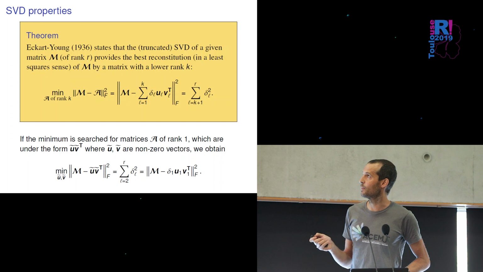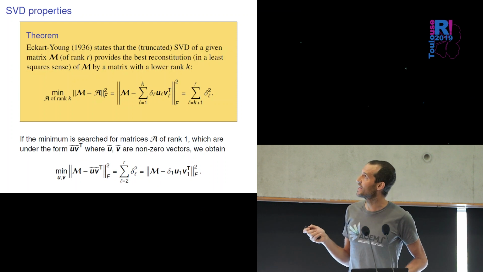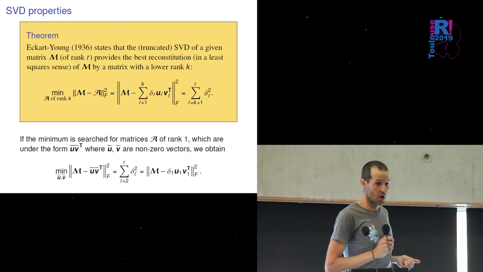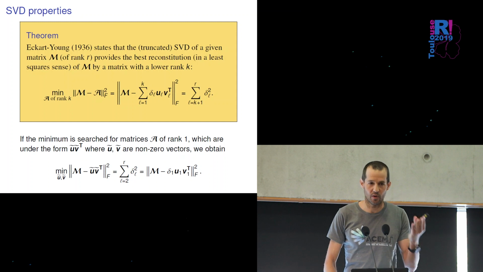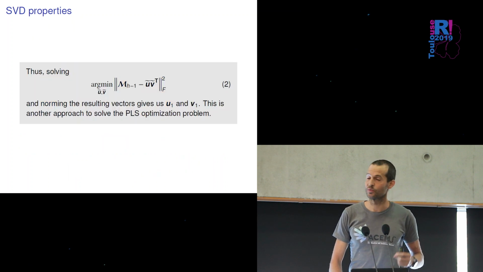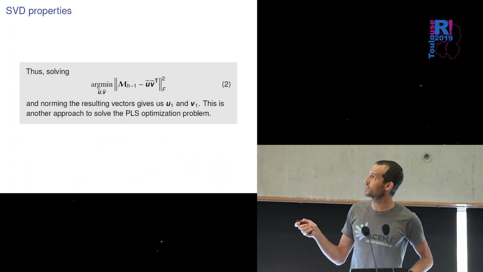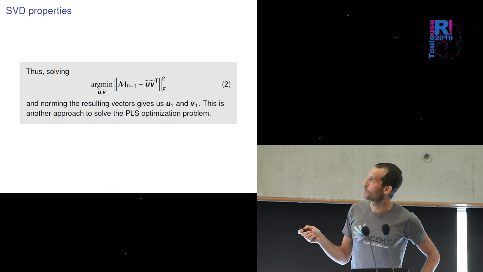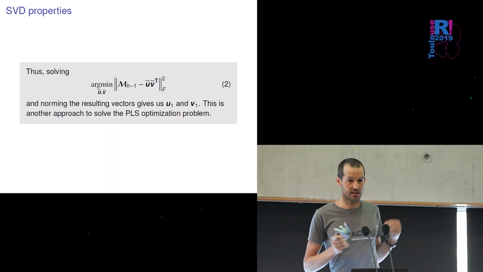For any matrix M, if you try to find the matrix closest to M of rank R, the solution is based on the SVD. Just not to be technical, just to give the flavor, if you solve this optimization problem and normalize the result, you get U1 and V1, which are from the SVD.